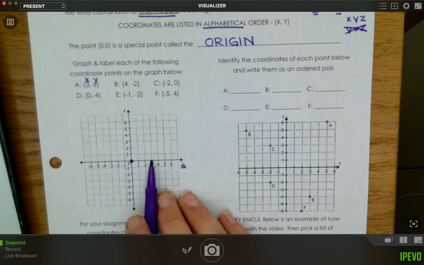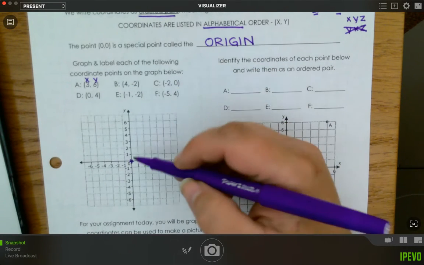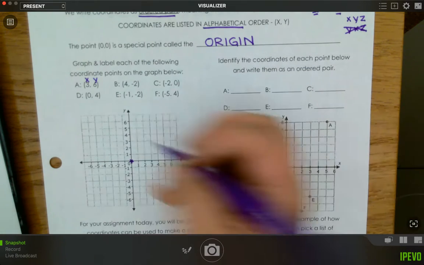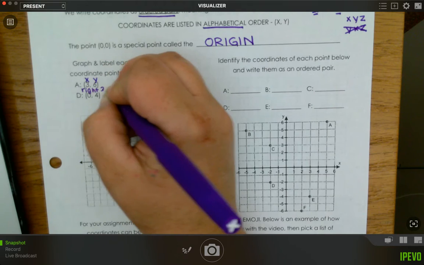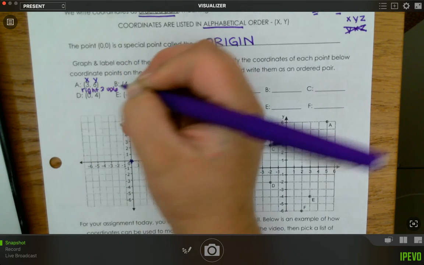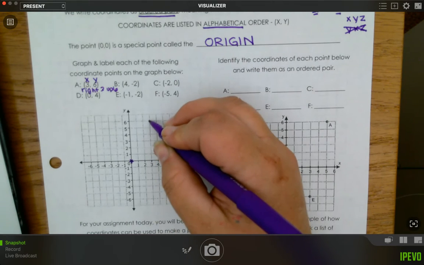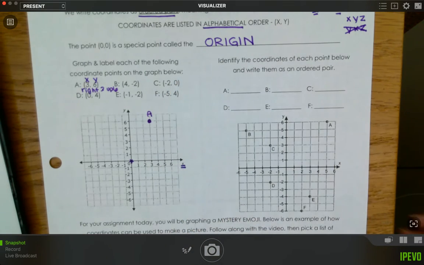So that's where x equals 3, y equals 6, right here, up 6. So this is the same thing as going right 3, up 6. Right 3, up 6. That is the point we want. So we're trying to do both of those things at the same time.